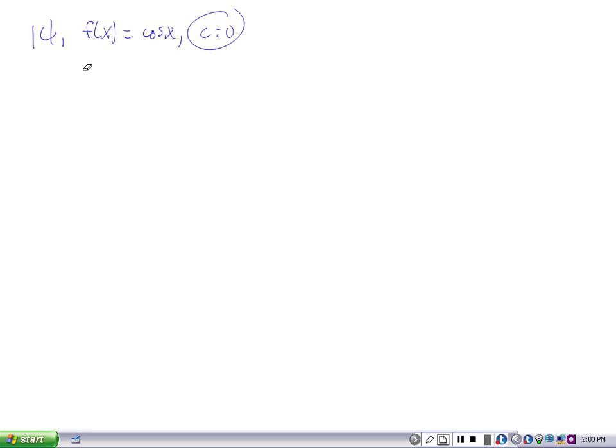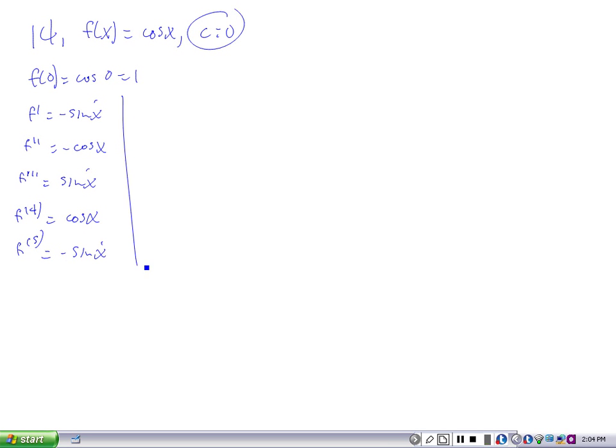I do not know. f of 0 is equal to cosine of 0, that's 1. f prime of x is equal to negative sine x. f double prime of x is equal to negative cosine x. f triple prime is equal to sine x. The fourth derivative is equal to cosine x. The fifth derivative is equal to negative sine x.